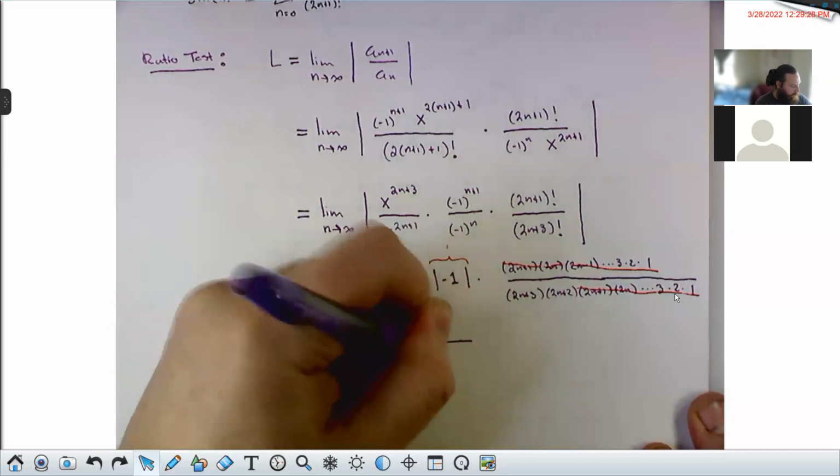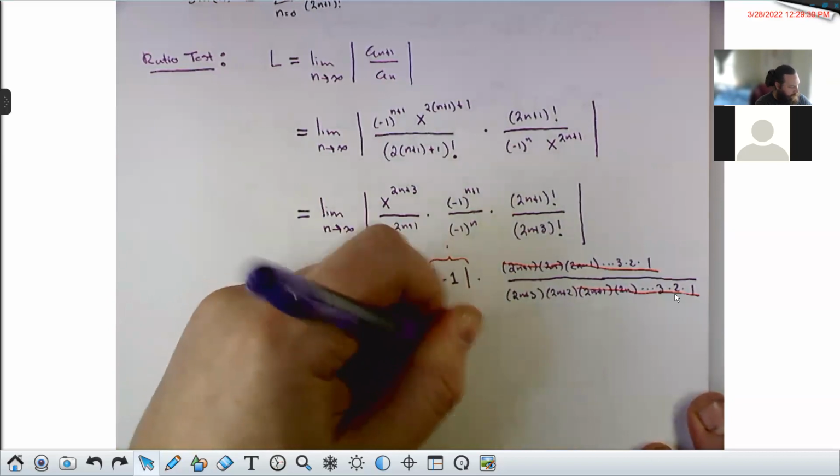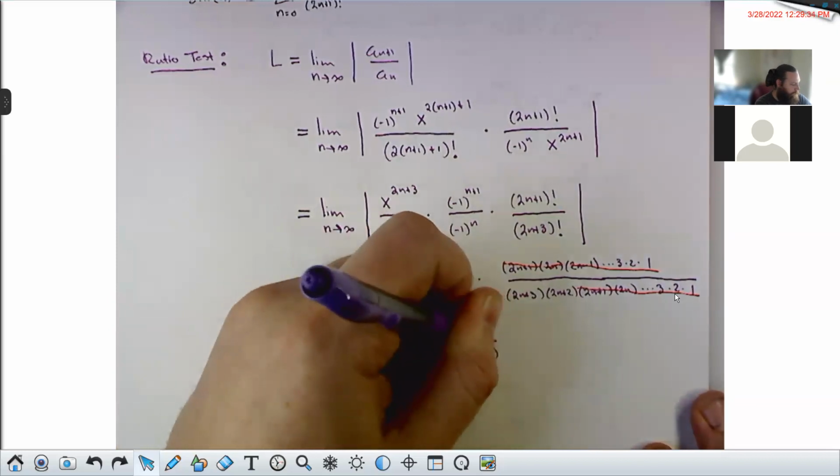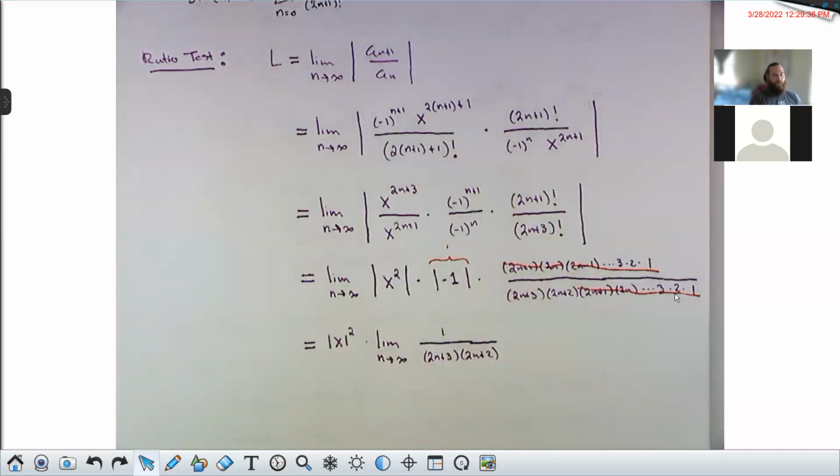And downstairs I have (2n plus 3) times (2n plus 2). What is this limit? Very good. This limit is 0.